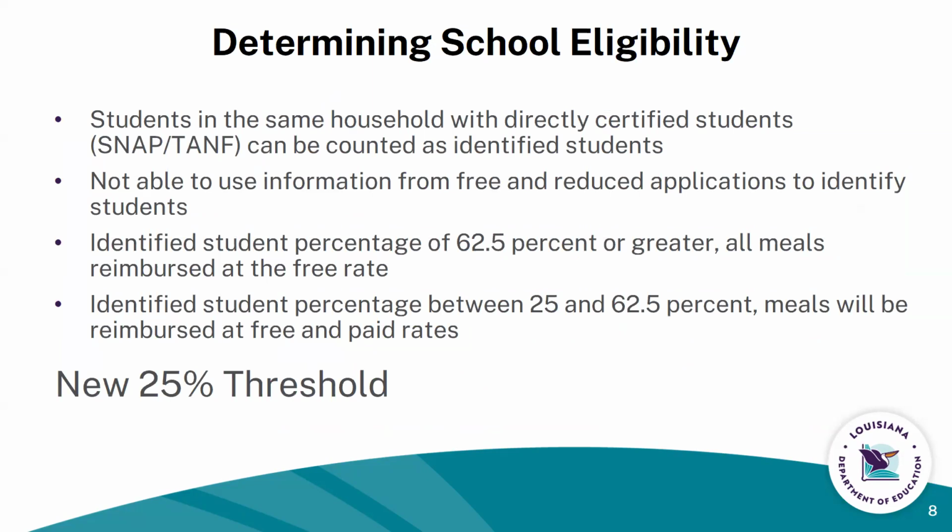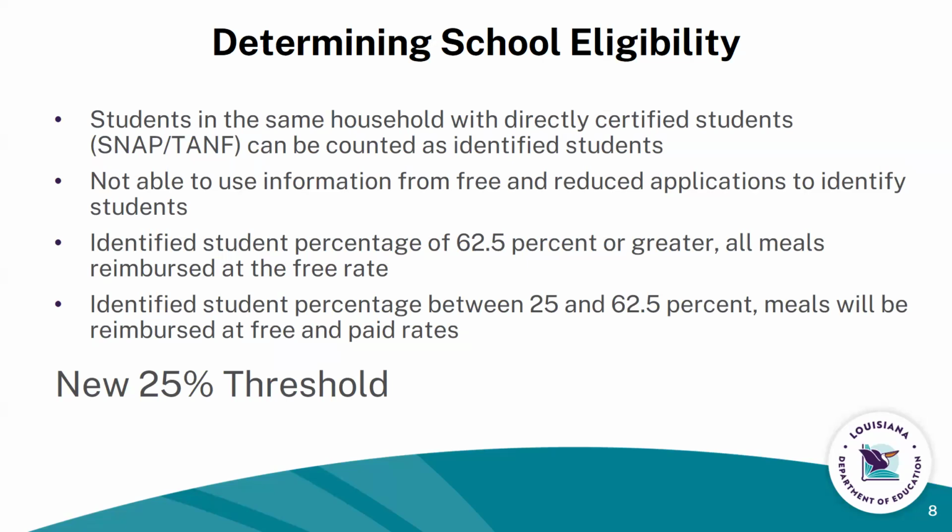A few quick points for school food authorities to remember in determining school eligibility. Students in the same household with directly certified students can be counted as identified students. The SFA are not able to use information from free and reduced application to identify students. If an identified student percentage of at least 62.5% is determined, then all meals are reimbursed at a free rate.